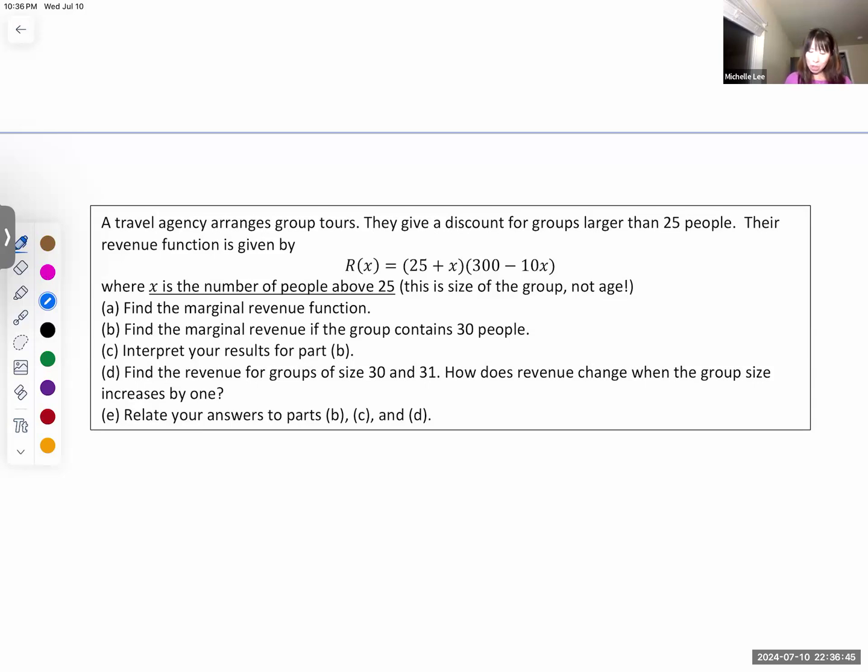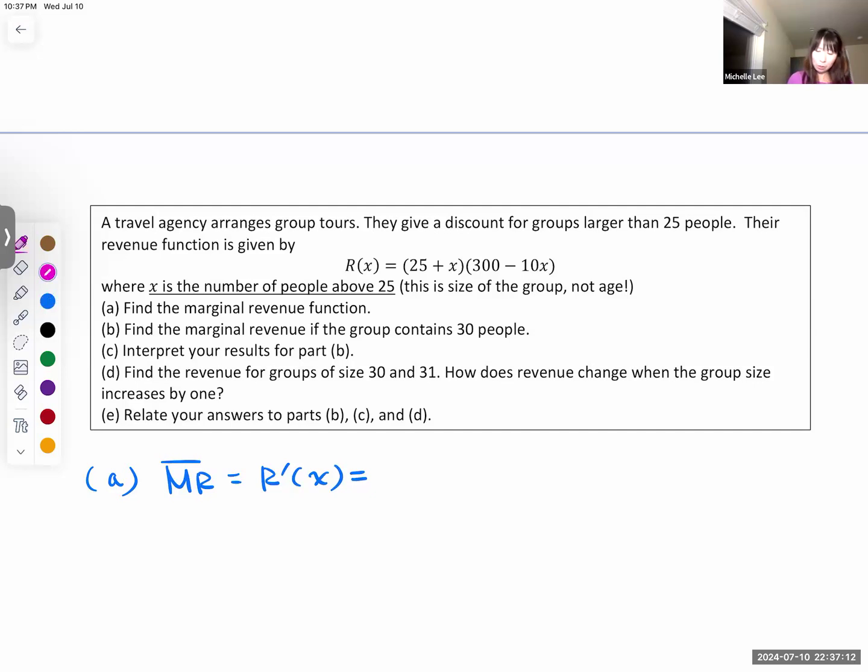Now, find the marginal revenue function. Okay, so revenue is given. How do you find marginal revenue, right? So we denote MR with a bar, right? We did that yesterday. So it will be R prime of x.